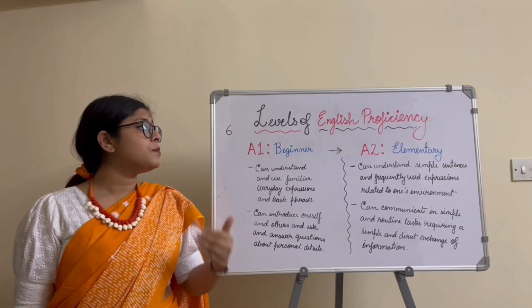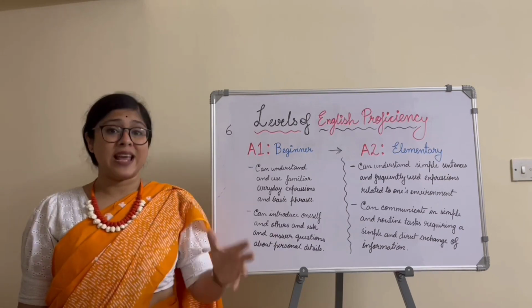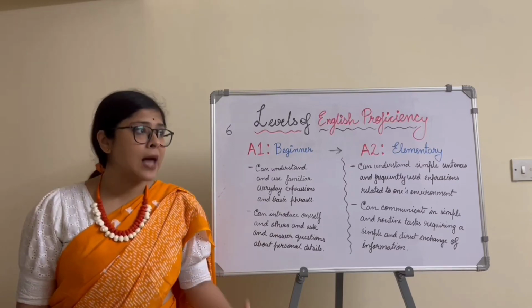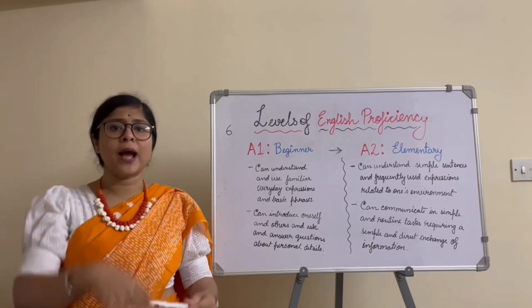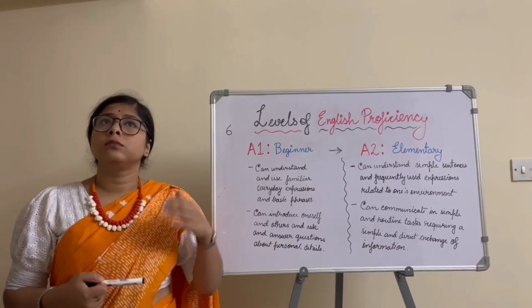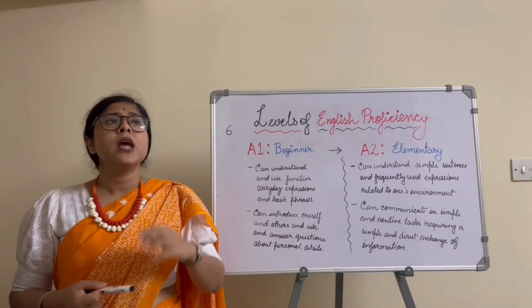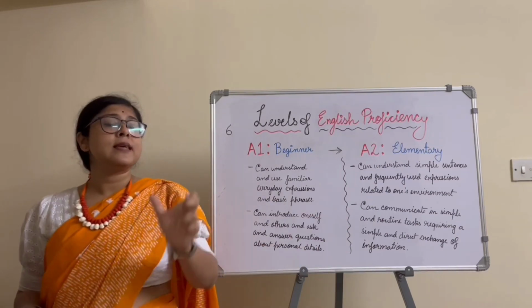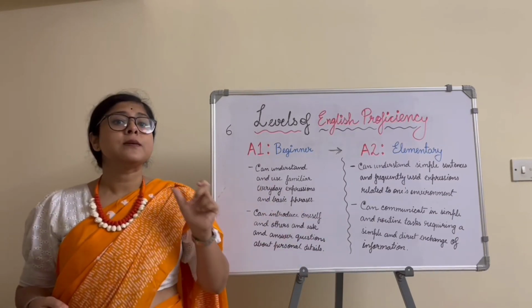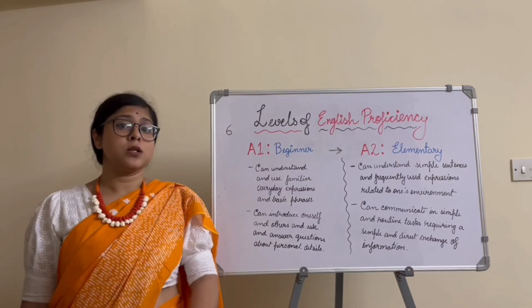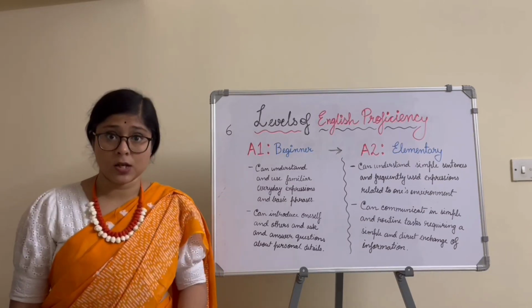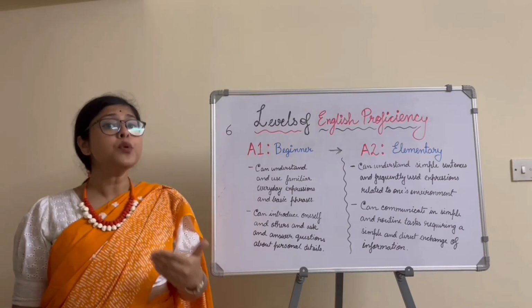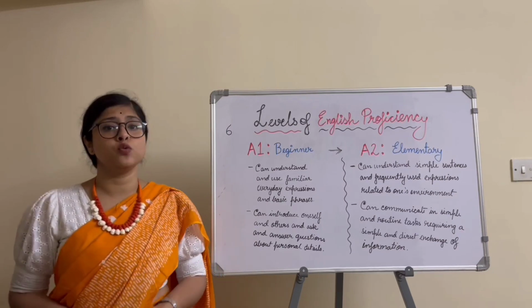So any simple sentence or any phrase which is very much used in that school environment, for example, erase the blackboard, or go fetch this, or open your books to chapter this, all these simple phrases, simple sentences can be understood by a student who is frequently going to school and hence knows these repetitive, frequently used phrases very well.